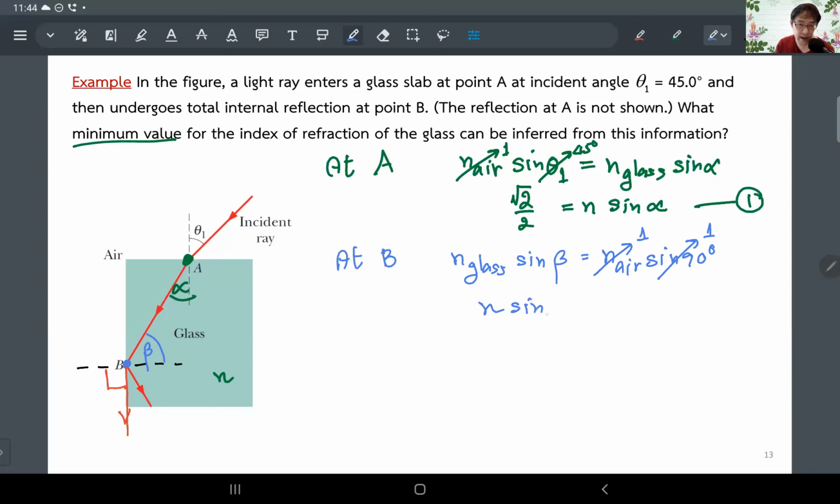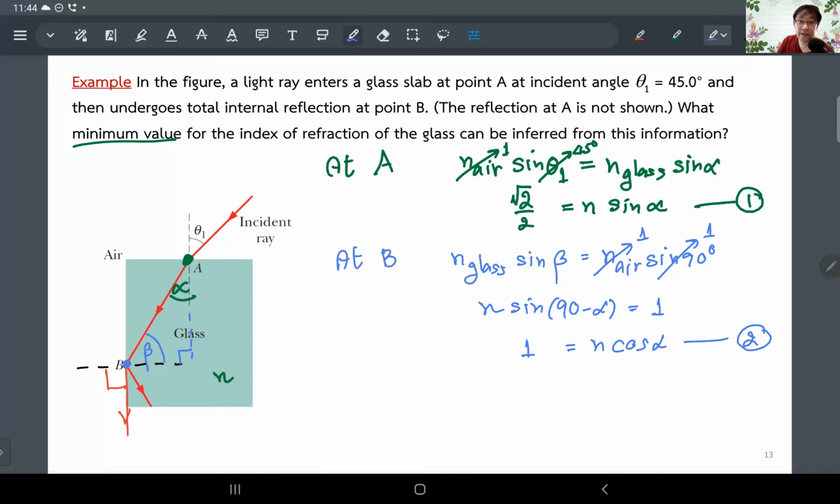But John, wow, I don't want to introduce a new variable anymore. You can see from this, beta and alpha are related, because if you draw a right triangle, beta is just 90 minus alpha. So I can rearrange this a little bit: 1 equals n sine of 90 minus alpha, which is cosine alpha. Let me name this equation number 2.